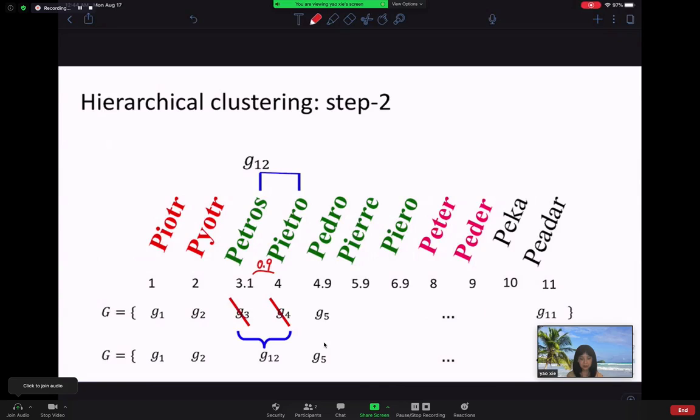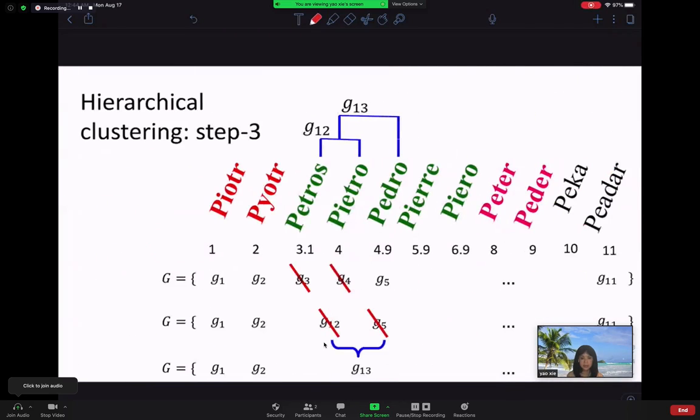So you can start either from here or start here. But if I have a certain way of running my algorithm from left to right, you find out these two seem to be the first two clusters that have the smallest distance. So I decided to group these two to form G12. And in the next iteration, I will find the smallest distance between these newly formed groups.